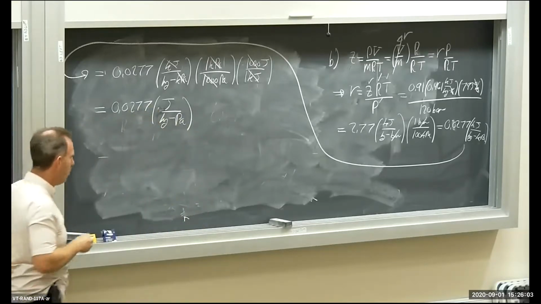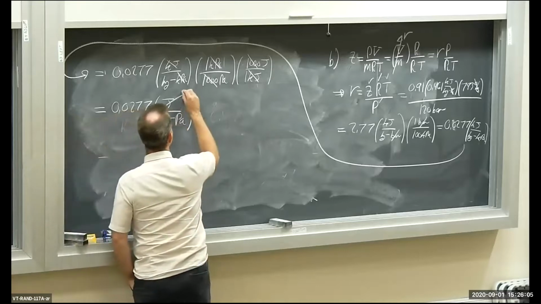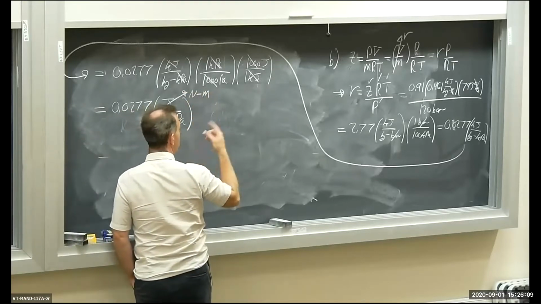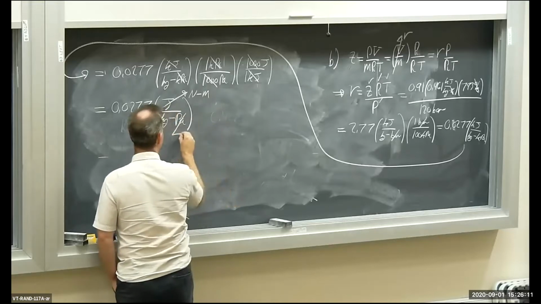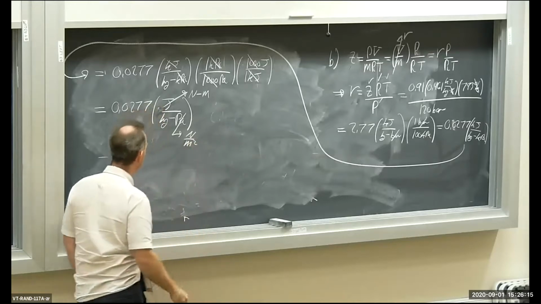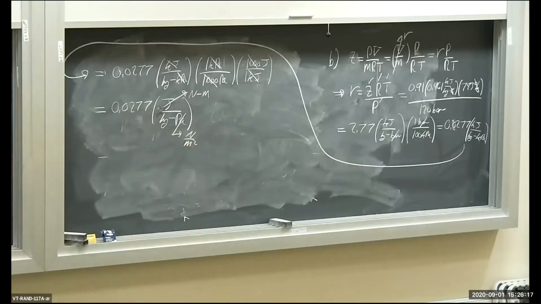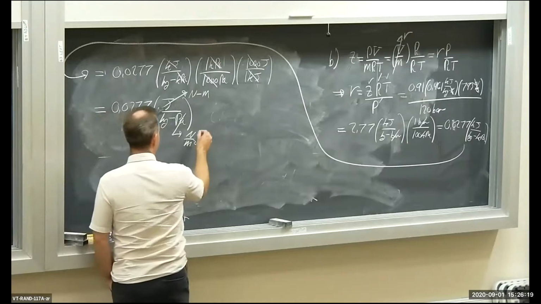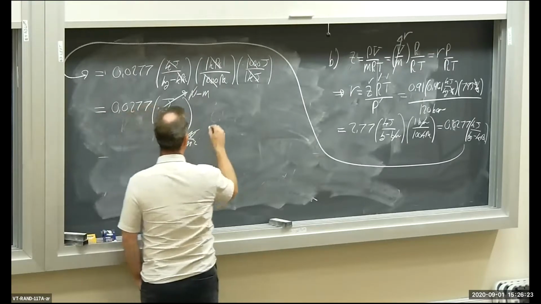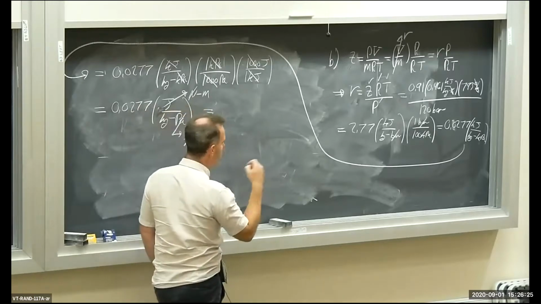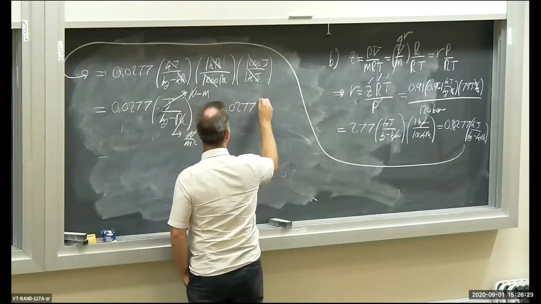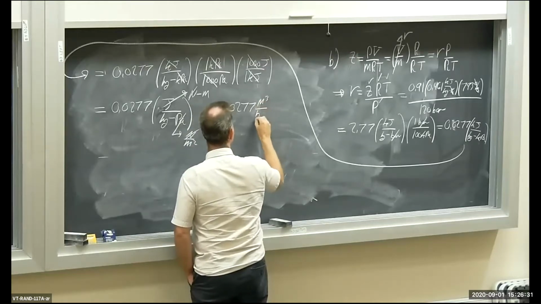Now, a joule is a Newton times a meter. A pascal is a Newton per meter squared. The Newtons cancel out, the meter squared goes at the top, and I have cubic meters per kilogram. 0.0277 cubic meters per kilogram.